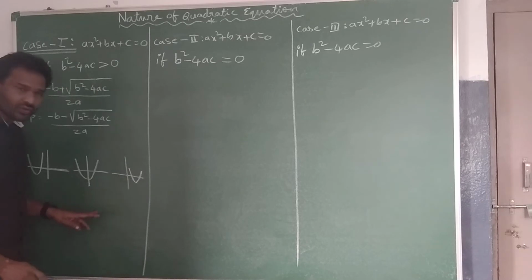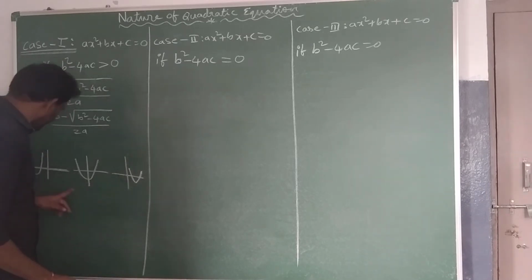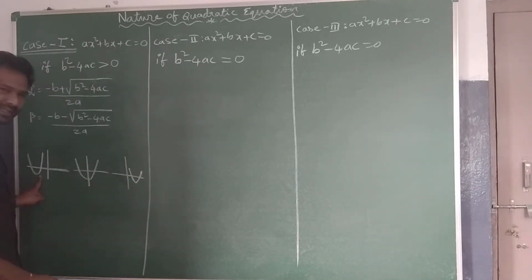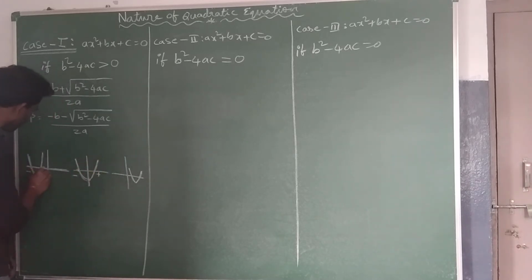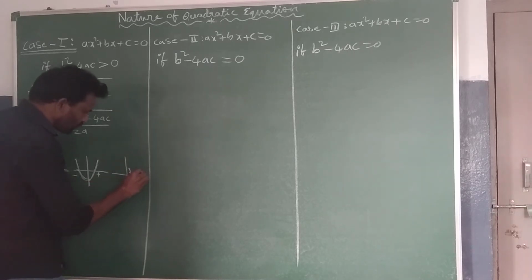That means here the graph cuts the x-axis at two distinct places. Here both are negative values. Here the graph again cuts at two distinct places, one negative and one positive. Here both are negative values, and here both are positive values.